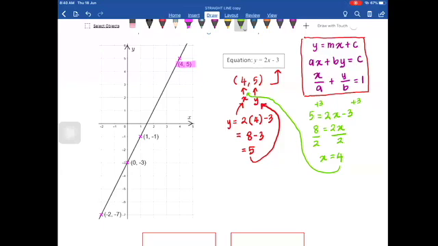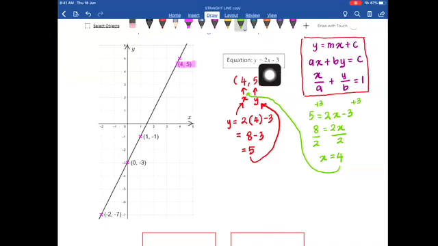Okay, sekiranya soalan cakap, tanpa saya ada garisan ni. Okay, tidak diberi gambar rajah kepada saya. How do you determine whether this equation satisfy ataupun point 4, 5 ini berada di atas garisan y equals to 2x minus 3?